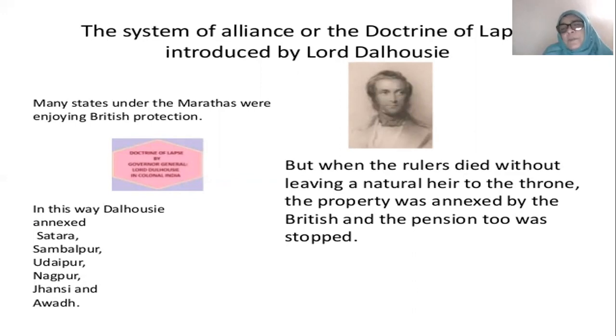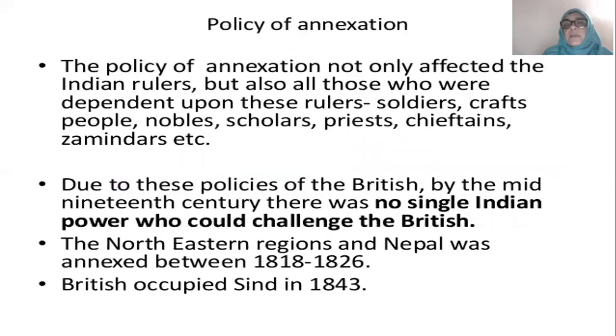So the people were really frustrated, really upset. An adopted son cannot inherit, even if the father dies and you have a daughter or the wife is there, the land would be taken away by them. If the Britishers felt that one was not capable enough to rule, then they would kick that person out also. So in every possible way they were trying to expand their control in the subcontinent.